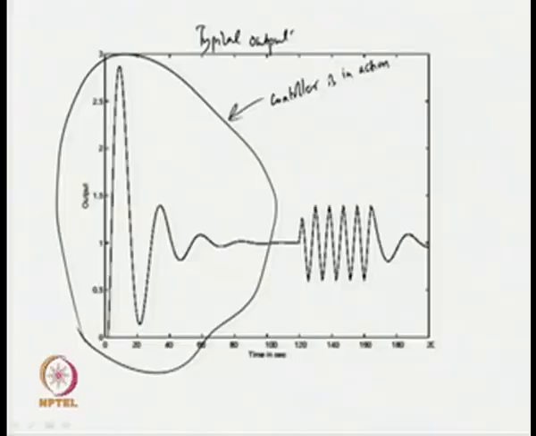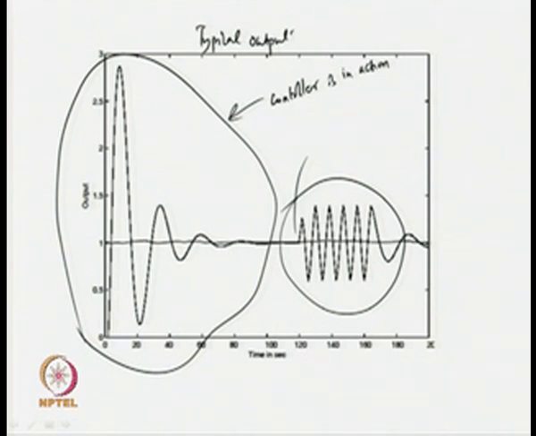Now, when the relay is invoked or connected at time t equal to 120 seconds, the output assumes this form. As you can see, if you draw a line like this, the output is symmetrical with respect to the reference value of 1.